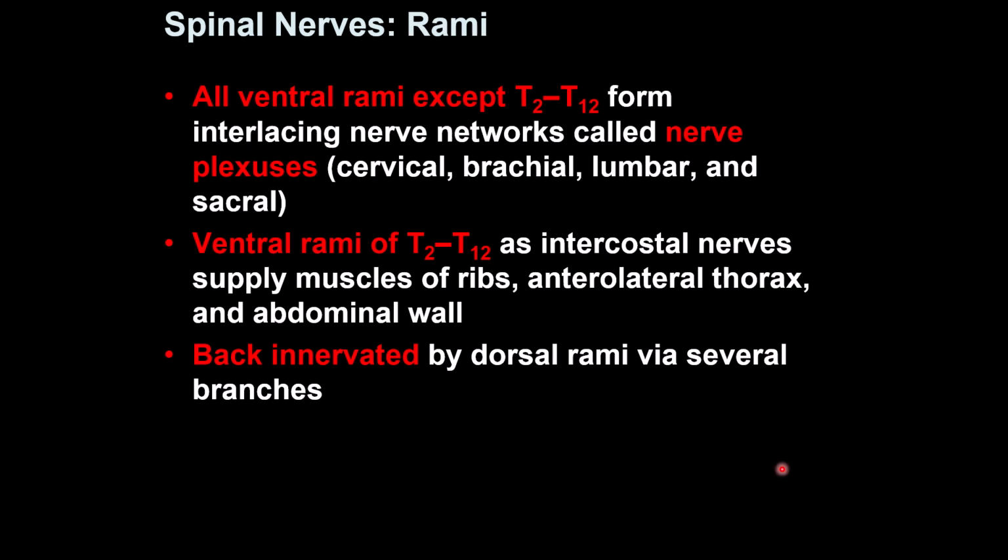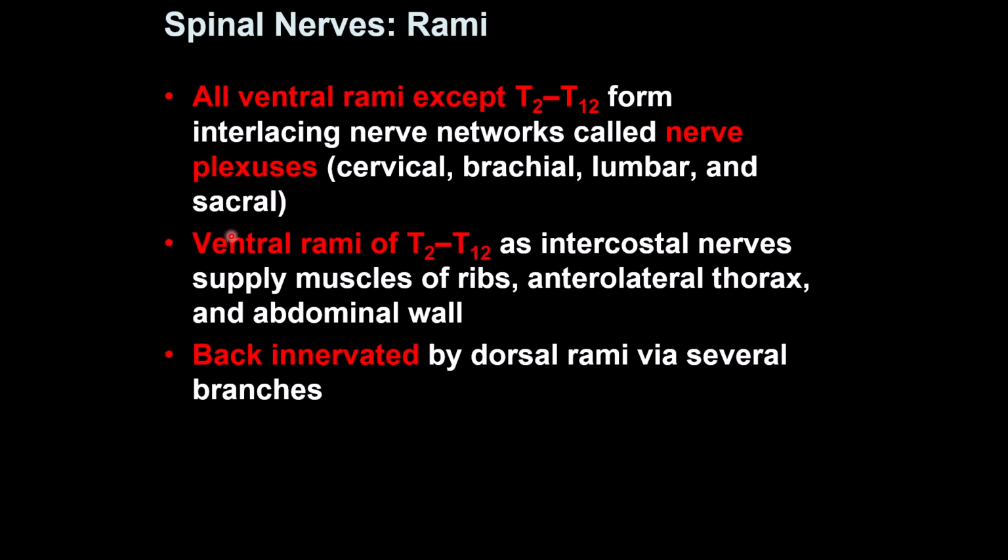So what about rami? The ventral ramis, okay, remember this is important. Ventral rami create a network of nerves, and these are called plexuses. There are 4 of them: cervical, brachial, lumbar, and sacral.